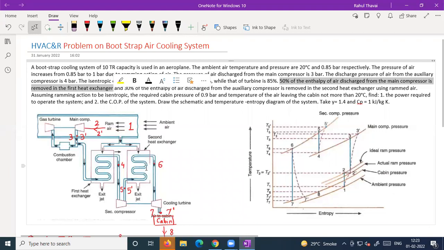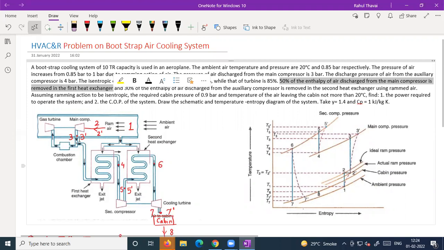It means at point number 4, you will get the enthalpy as only 50% of point number 3.